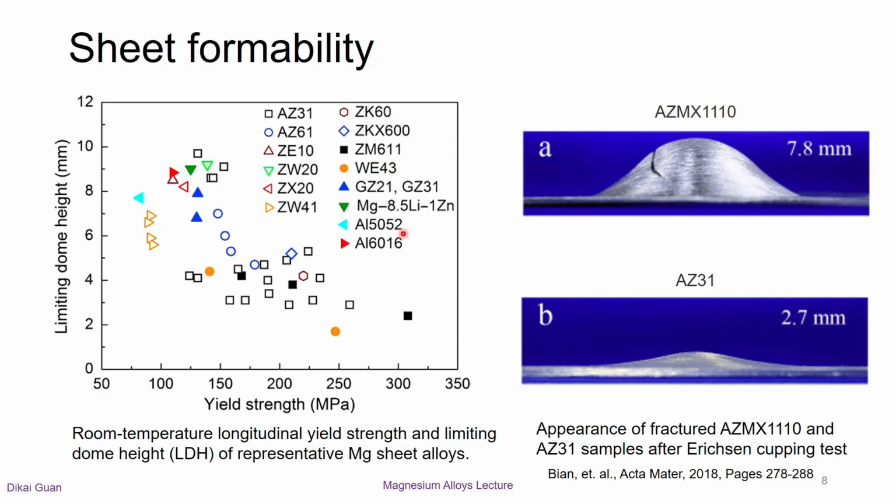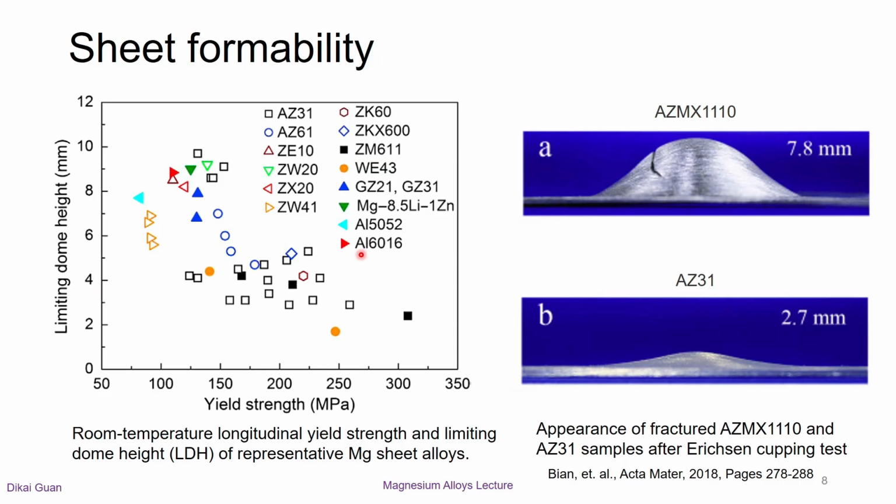The stretch formability of magnesium alloys containing rare earth elements, lithium or calcium, as well as the texture-modified AZ31 alloy, is better than or comparable to those of 5 series and 6 series aluminium sheet alloys at a similar strength level.